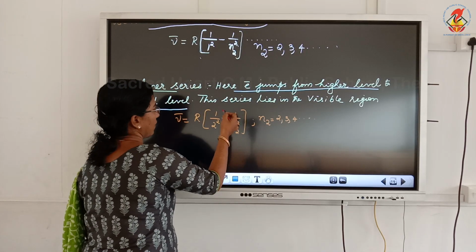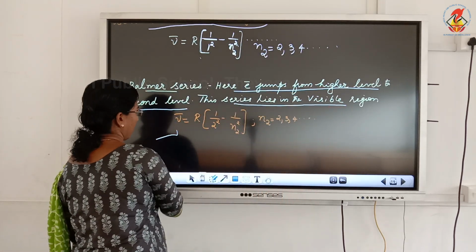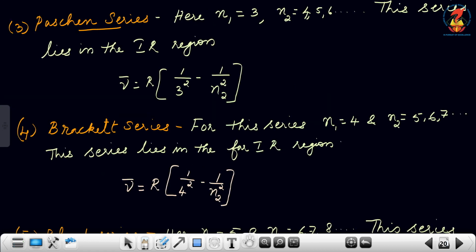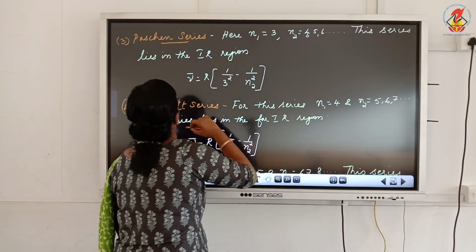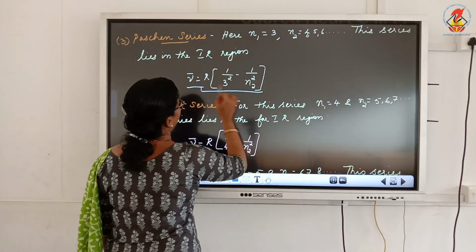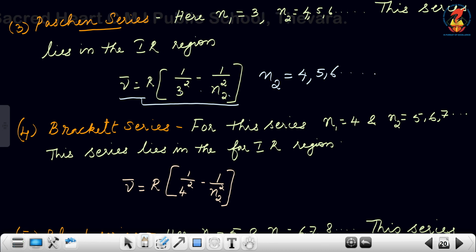This series will be seen as visible light, and we obtain the equation nu bar is equal to R into 1 by 2 square minus 1 by n2 square, where n2 is equal to 3, 4, 5, etc. Similarly, if an electron jumps from higher levels to the third level, then we have the Paschen series, and the equation for it is nu bar is equal to R into 1 by 3 square minus 1 by n2 square, where n2 is 4, 5, 6, etc.